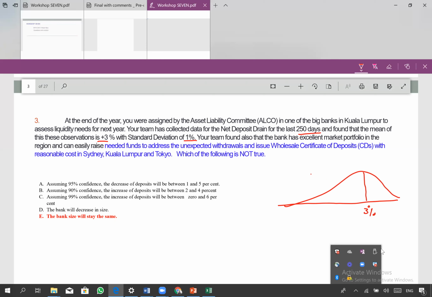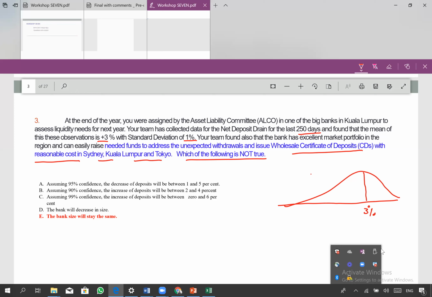Your team also found that the bank has an excellent market portfolio in the region and can easily raise needed funds to address the unexpected withdrawal, and the issuer holds certificates of deposit with reasonable risk in Sydney, Kuala Lumpur, and Tokyo. Which of the following is true?